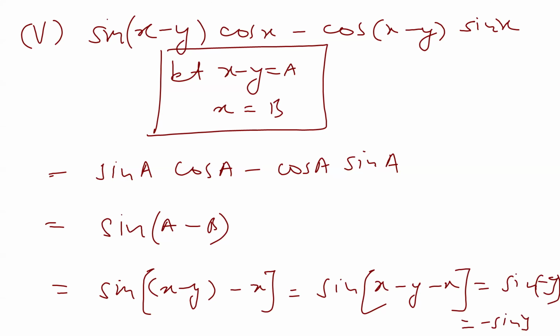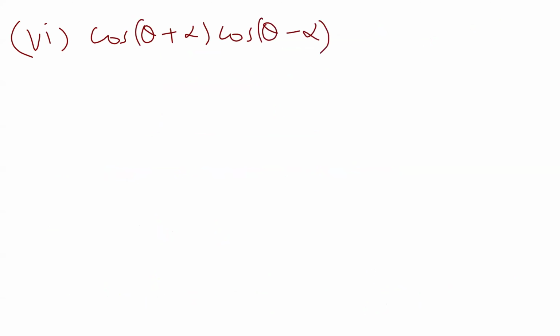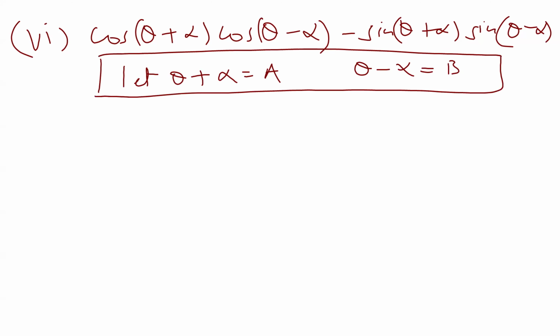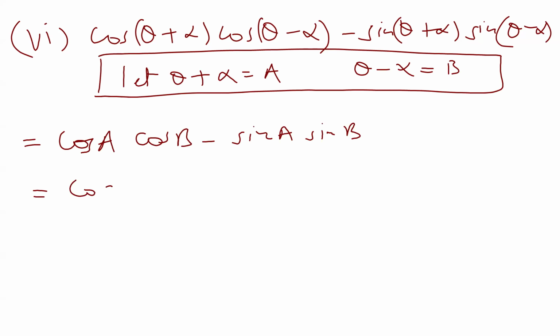Let's proceed with question number 6. Cos (theta plus alpha) cos (theta minus alpha) minus sin (theta plus alpha) sin (theta minus alpha). So let theta plus alpha be A, theta minus alpha be B. So this is equal to cos A cos B minus sin A sin B, which is equal to cos (A plus B).